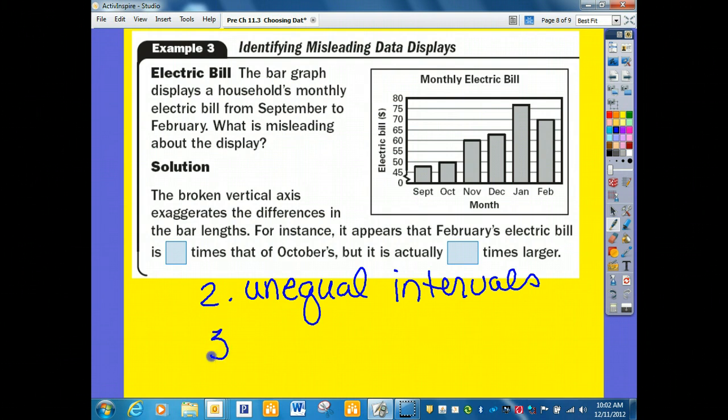Another one relates to circle graphs. What could be misleading on circle graphs? Not a total of 100%, or you've all made circle graphs in math and science. What's another thing that can happen when you're making it? Crooked, okay, work with that, you're on the right track.